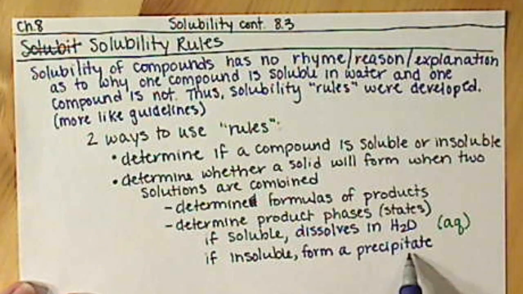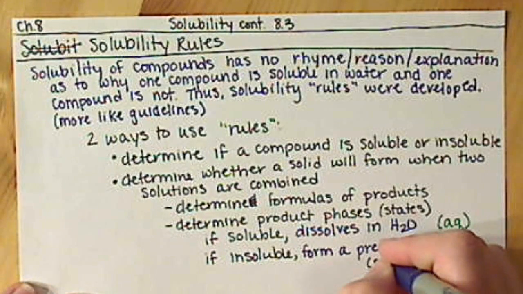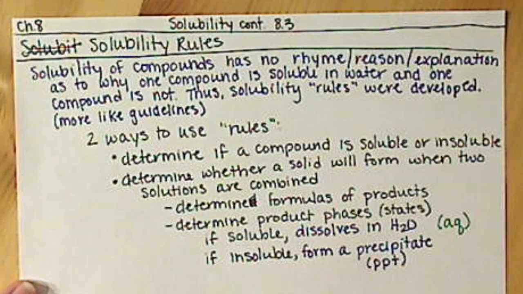And this precipitate we can shorthand PPT. Sometimes that's the phase that will be shown. But when we write this in a chemical equation, what it means is it is going to form something that is solid.